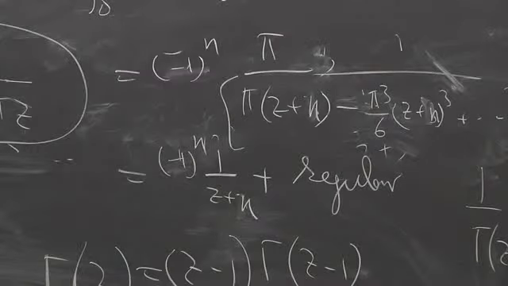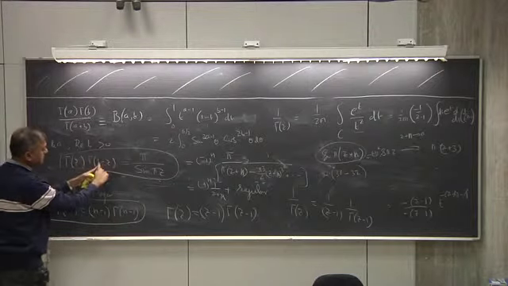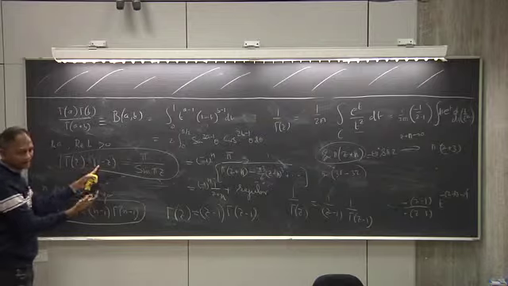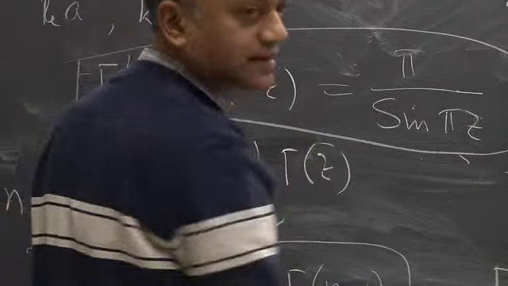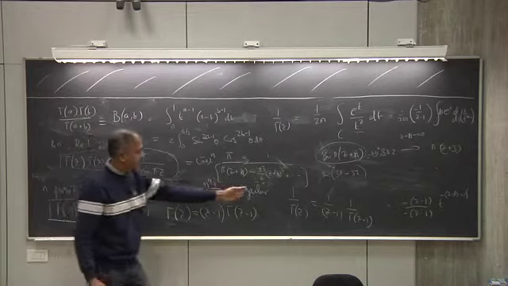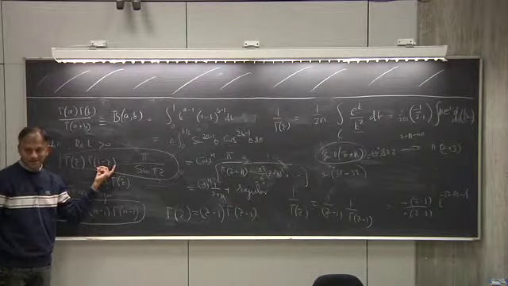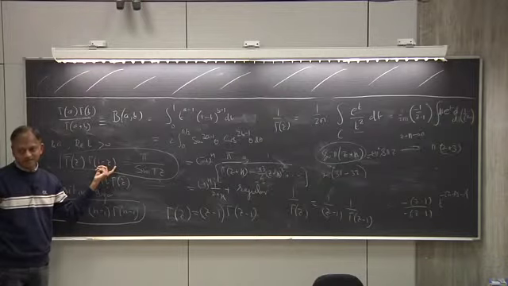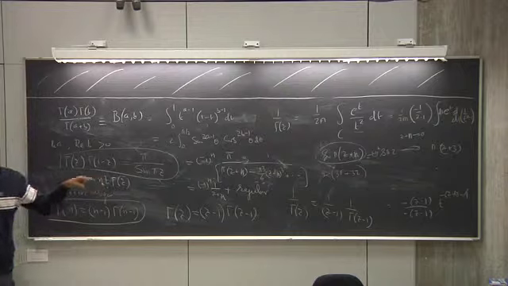Whereas on the right hand side, z is minus n, so this becomes gamma of n plus 1, which is factorial n. So you get factorial n times gamma z behaves like that, the leading term. Of course, if you want to look at the subleading terms, then you must also expand these. But I'm only looking at the leading term because that's enough to compute the residue, because it's a first order pole.